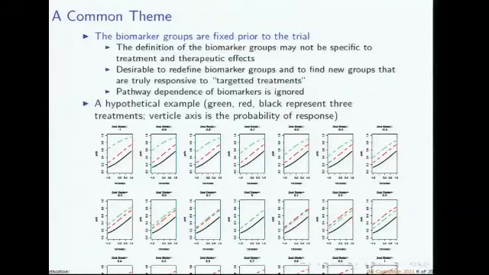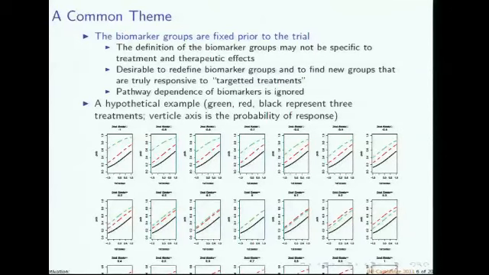So this is just, I purposefully didn't fit everything into the screen, so don't try to find what's going on here. This is just trying to convey a hypothetical example where I have 3 treatments, and these 3 treatments are green, red, and black. And I'm plotting the probability of response, being a binary response, whatever that is.